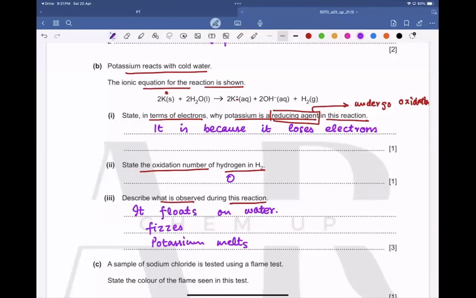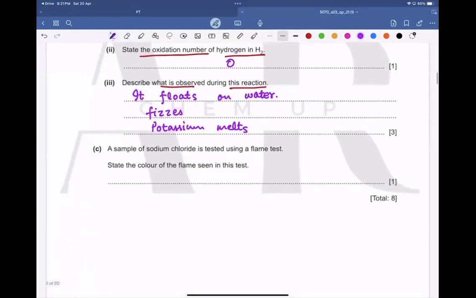And another observation can be, yeah, we have written fizzing, right? So fizzing means that there are bubbles of a colorless gas, Rahim. Okay, further, the solid disappears can be correct and it forms a colorless solution. Yes, lilac flame can be written because it catches the fire. So when it catches the fire, the potassium burns with a lilac flame.